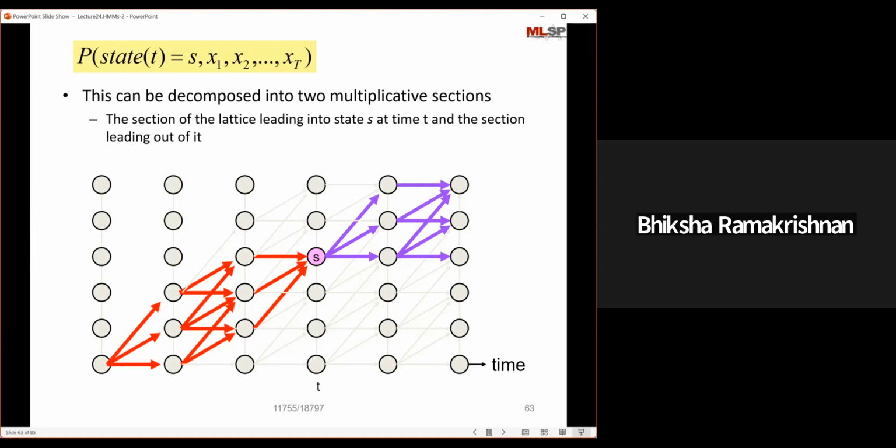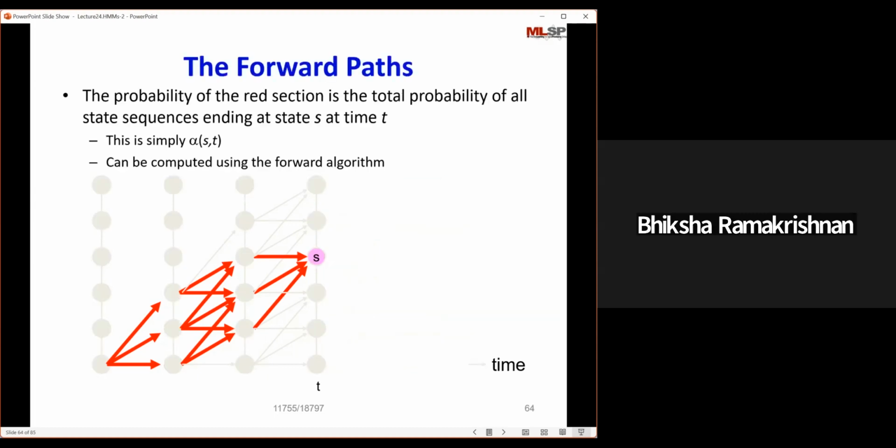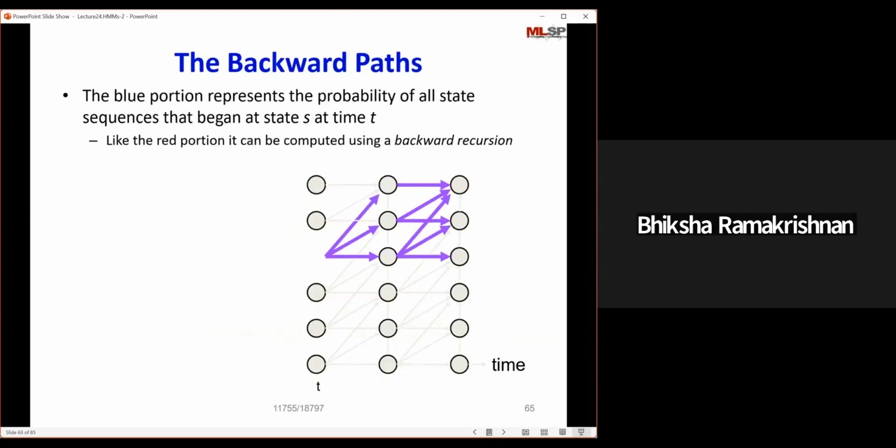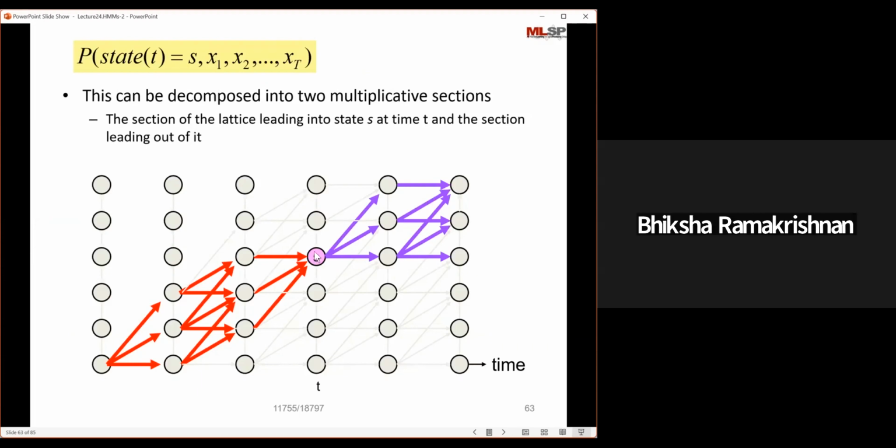And so the total probability of this colored subgraph is going to be the probability of the red portion of the graph times the probability of the blue portion of the graph, because both portions meet at Si. So here there's only one node. So I can decompose the probability as the product of the probability of the red graph, including this node, and the probability of the blue graph, not including the node. That makes sense?